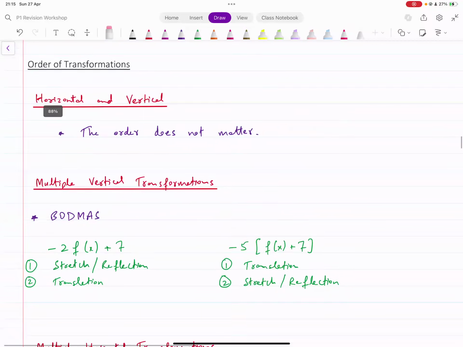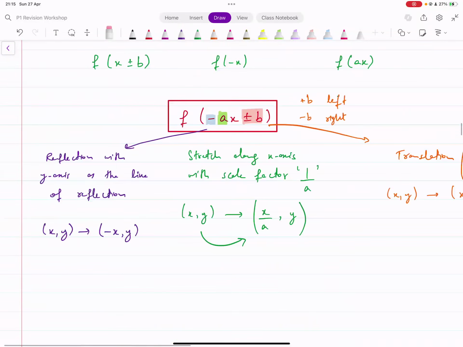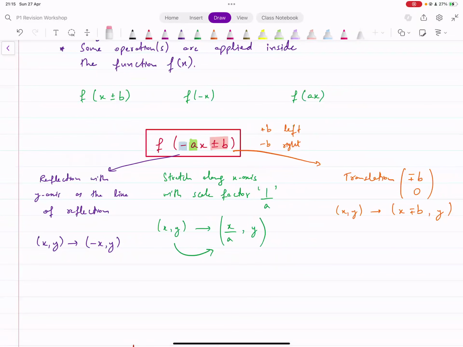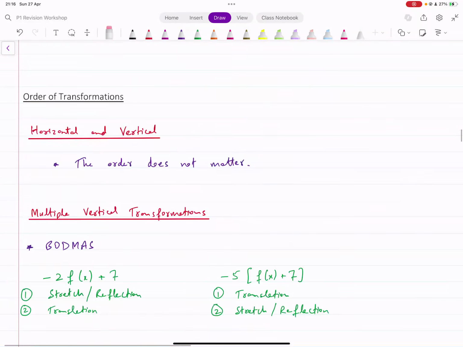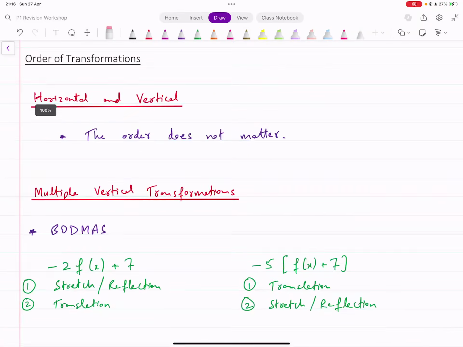Now, this is very important: order of transformations. Sometimes you can have multiple transformations happening at the same time. When you have only one transformation, describing that is straightforward. But when you have multiple transformations, the order is important. You have to apply those transformations in the correct order. Now, how do you figure out what the order is?